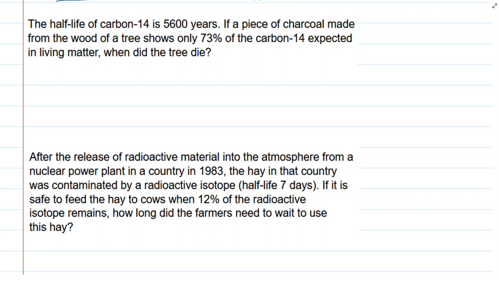It says all radioactive substances have a specific half-life, which is the time required for half the radioactive substance to decay. Carbon dating uses the fact that all living organisms contain two kinds of carbon: carbon 12, which is stable, and carbon 14, radioactive carbon with a half-life of 5,730 years.